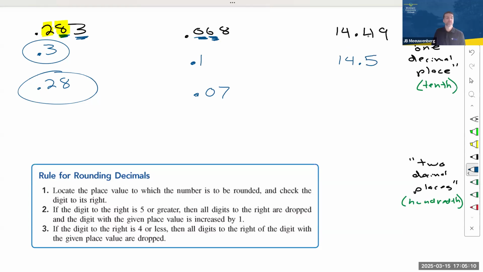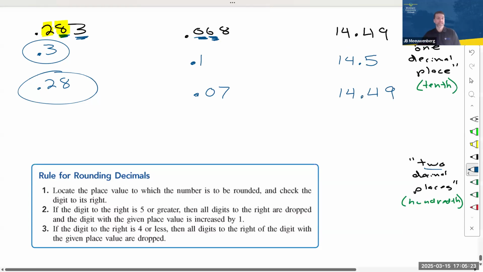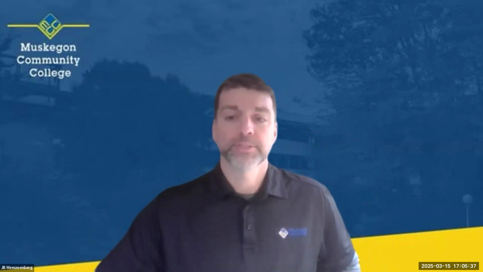The 9 will round the 4 up to a 5. And for the next one, we're just leaving it at 14.49 for 2 decimal places because that's what it already is. And so this whole section, again, was laying a foundation for all the things that we're going to be doing as we move forward working with decimals.